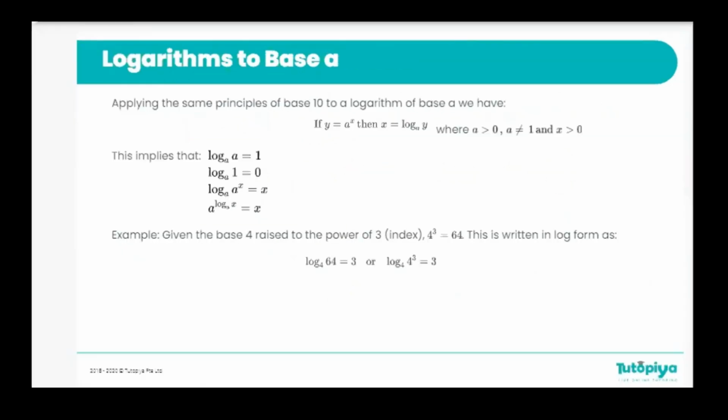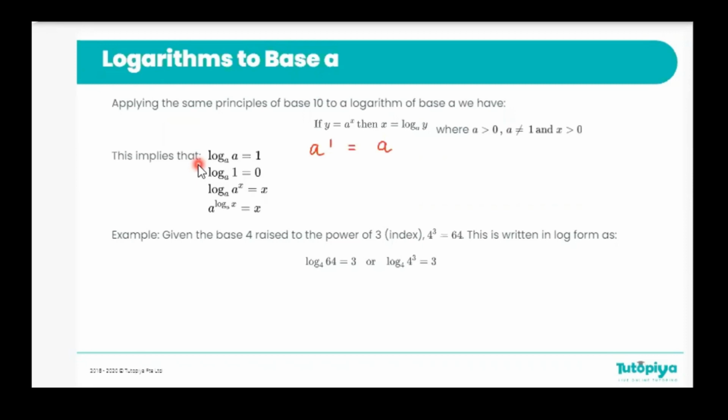Just like we have different power laws, we also have different laws for logarithms. So if we look at this here, log a to the base a would always be 1. Why is this the case? Because a raised to the power of 1 would always just be a. So anything to the power of 1 would always be that number itself.